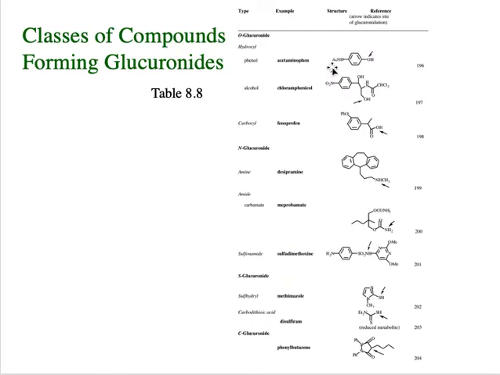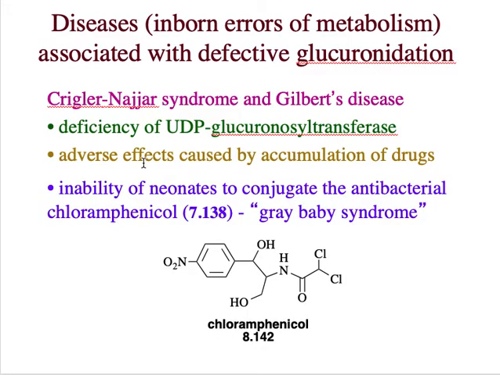So you want to be looking for those, because there's a number of different compounds that do this. We've talked about a lot of these before. Certainly acetaminophen, and chloramphenicol, an antibiotic. There's also a number of diseases associated with not being able to do this.